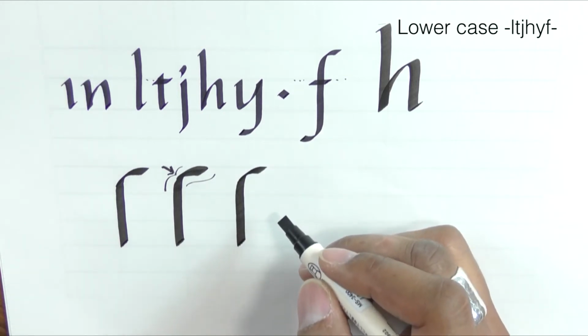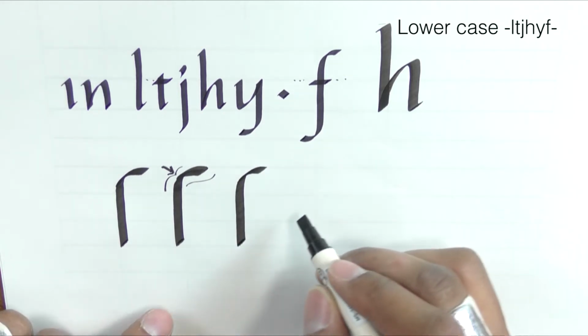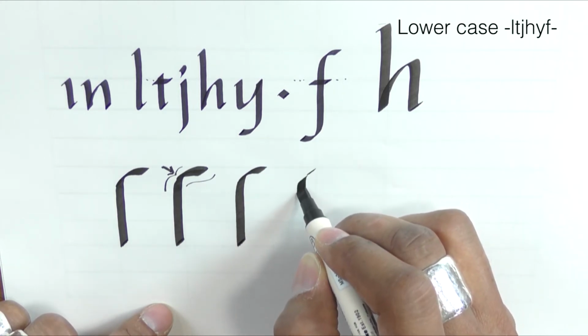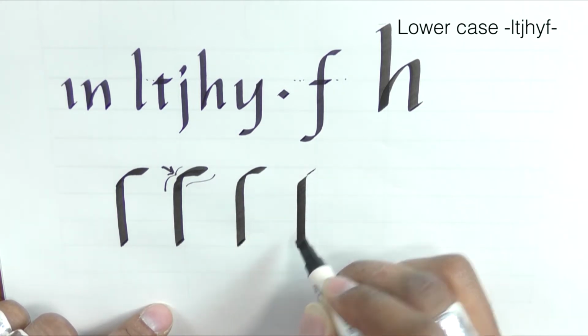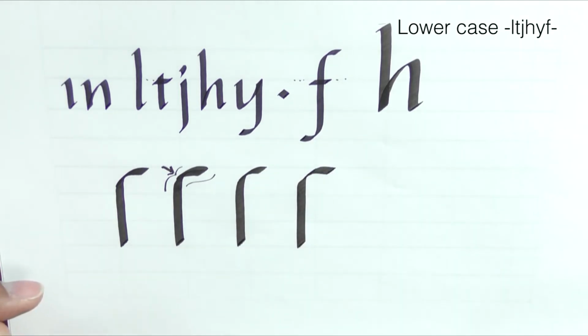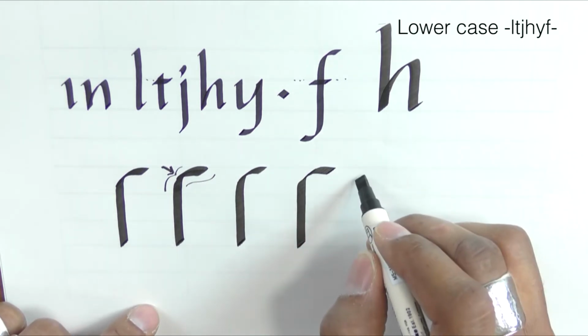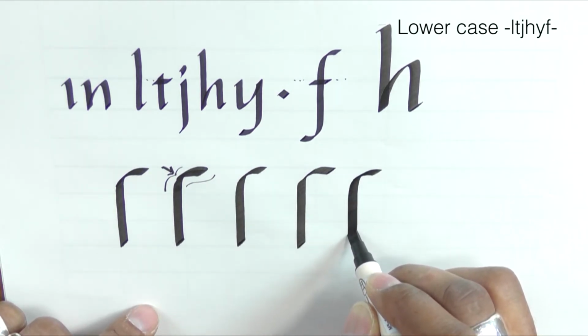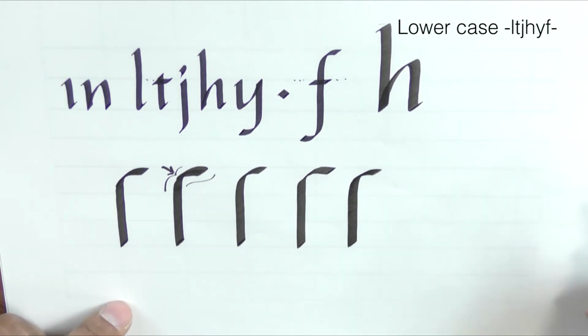As this is a marker, we can go back on ourselves. Some people would do the downstroke and then come back and do the bracket. It's entirely up to you. I find that going back and over and down adds a little bit of rhythm to the script.